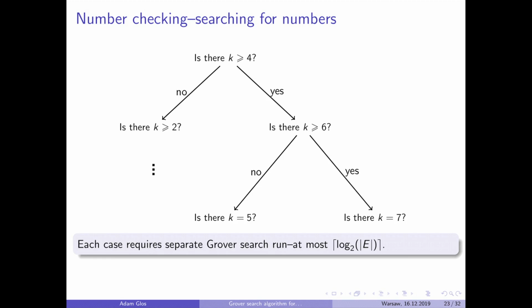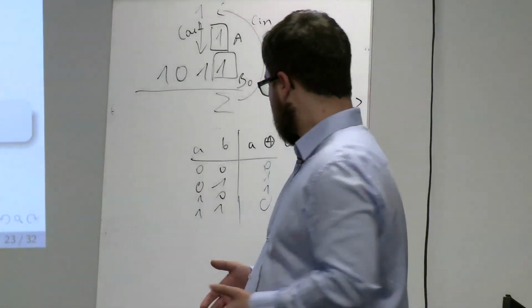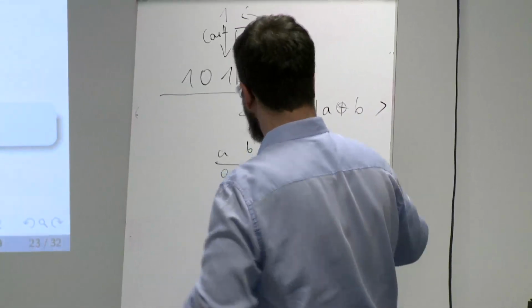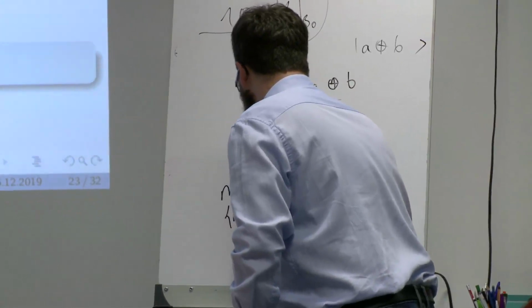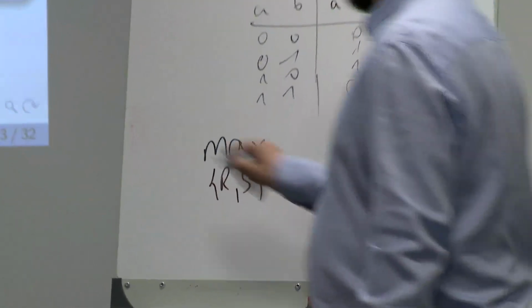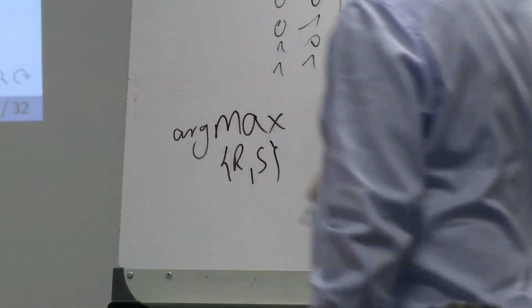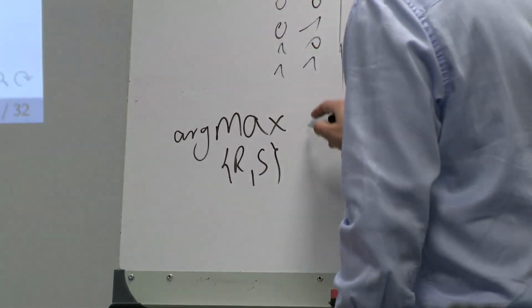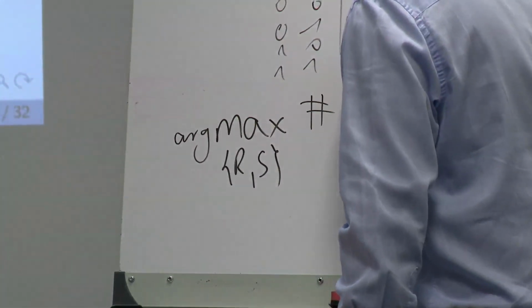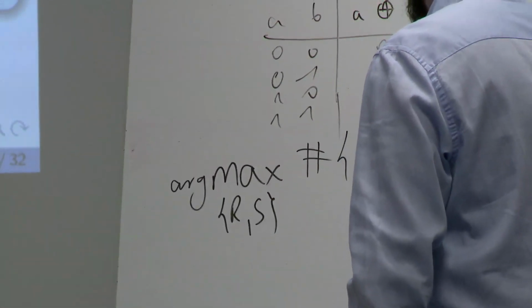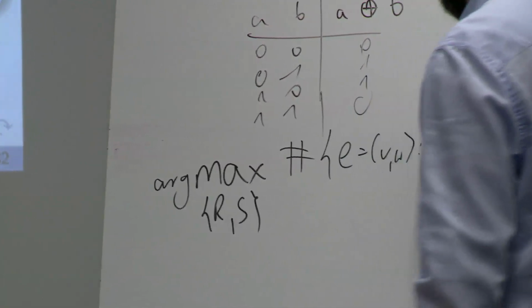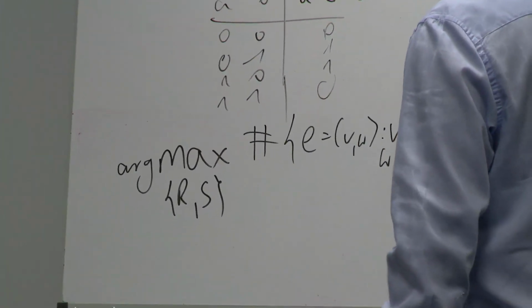There's a small problem because max cut is an optimization problem. So we just want to search over all partitions, let's say argmax, of the number of edges such that one is for the first set and the other is for the second set.